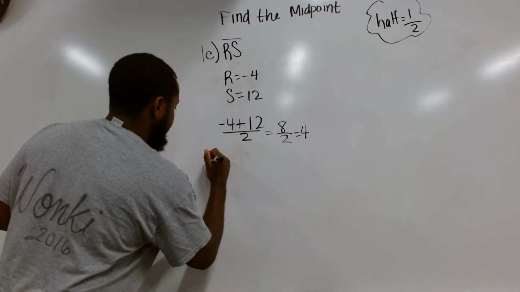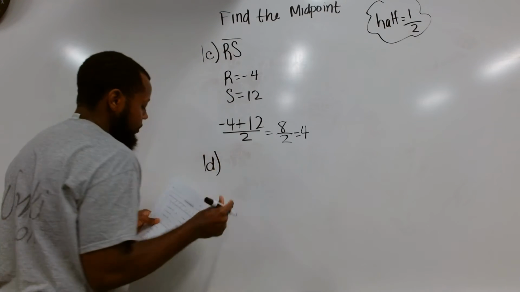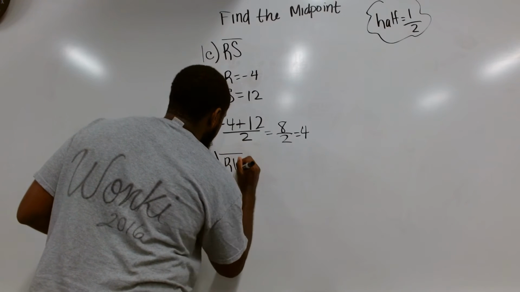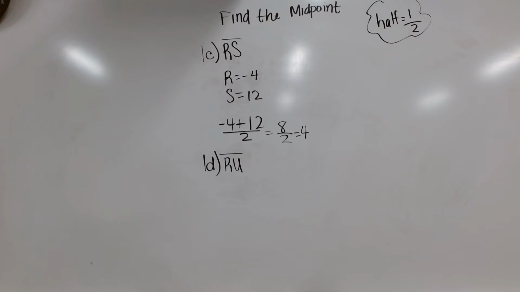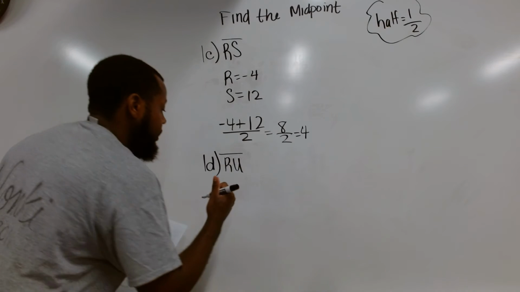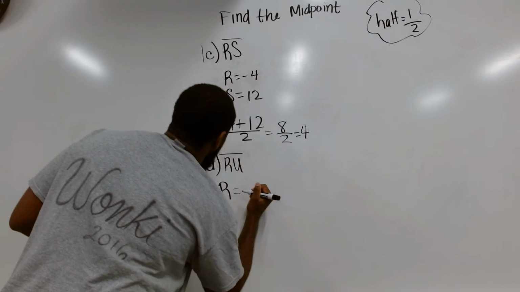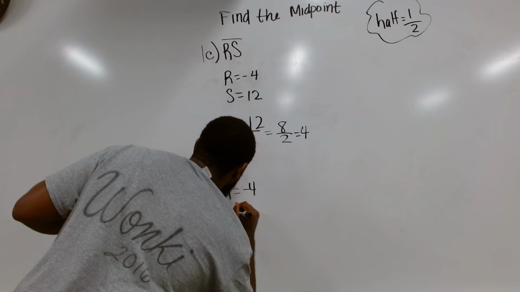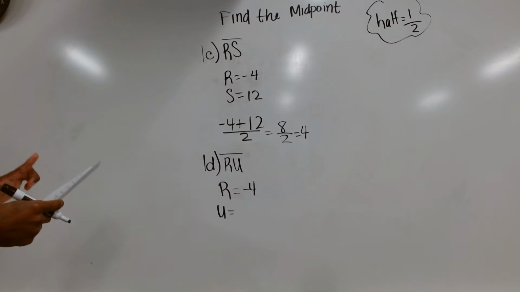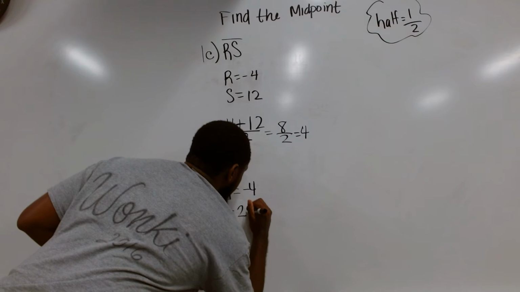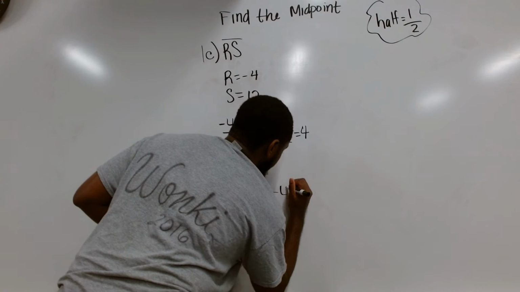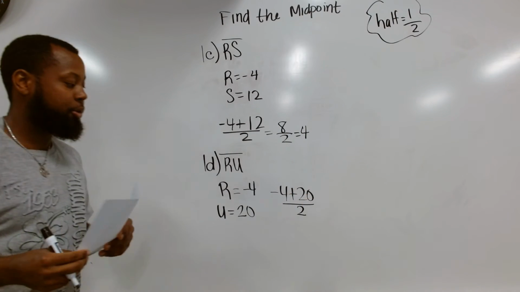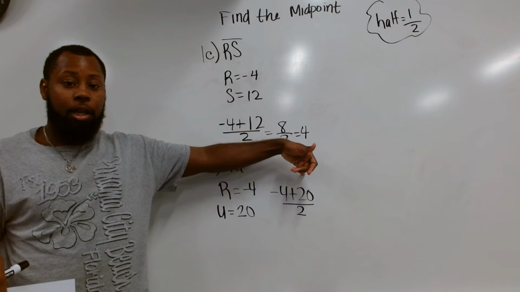So we're going to work with 1D. 1D, it says RU. All right? So we know R from up here is -4. And we know U is the value, if I U, is 20. So you have -4 plus 20 divided by 2. You have $20.